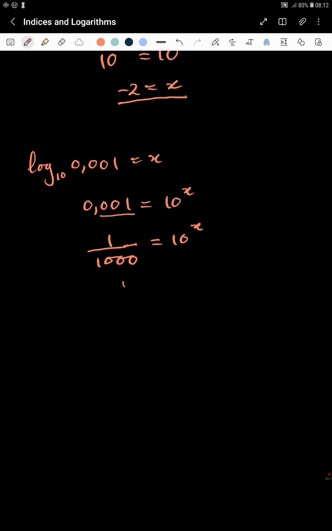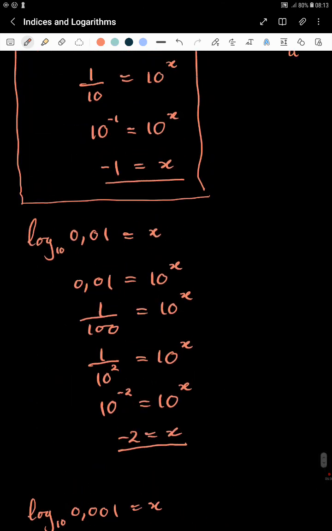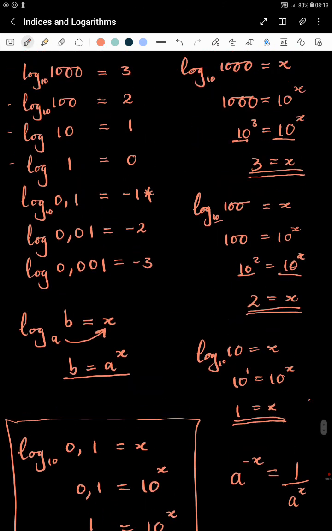And here you're saying 1 over 10 to the power 3 is equal to 10 to the power x, and the reciprocal is 10 to the power minus 3 equal to 10 to the power x, and minus 3 will be equal to x. So this is proof of all the answers that we got above.